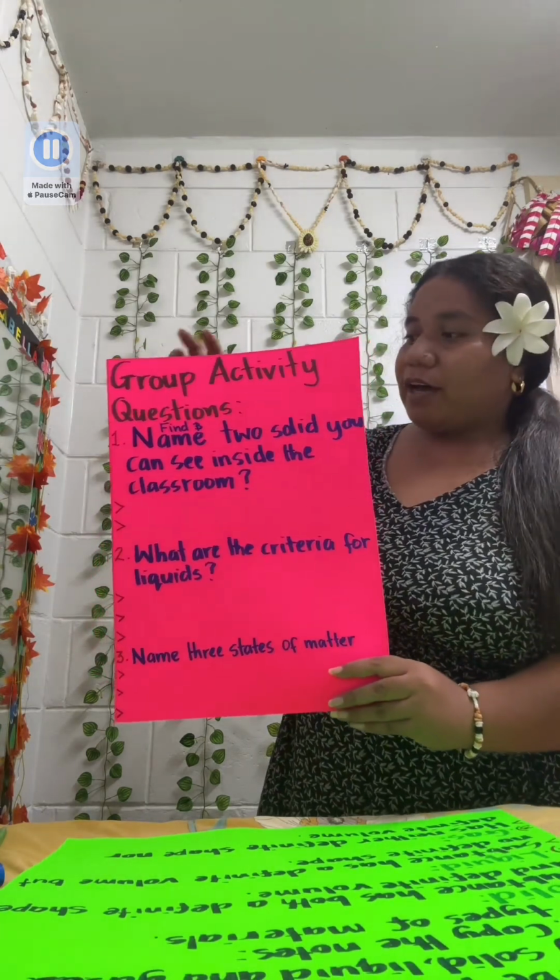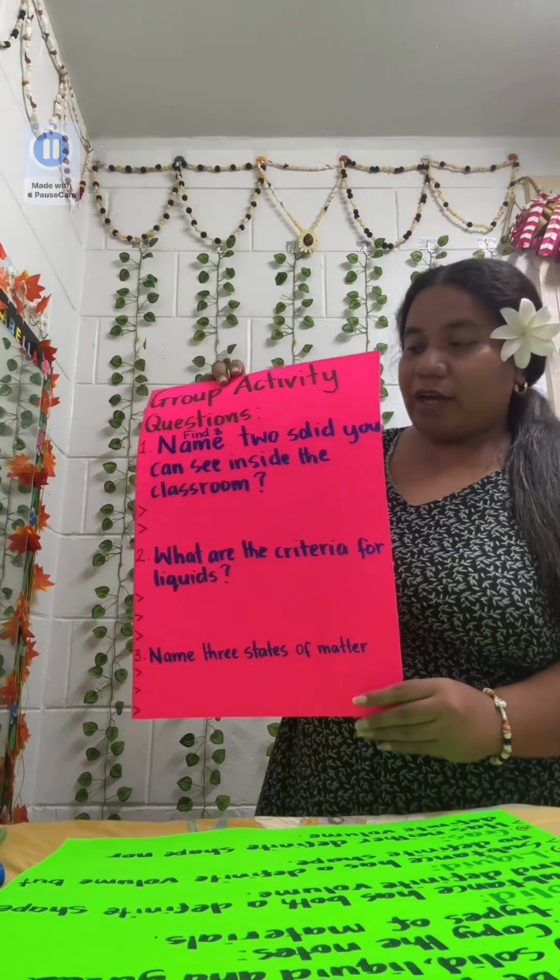You can find the answers by referring to the notes given. I will split the class into 3 groups, gender balanced. Then I'll give you 5 minutes to work on this group activity. Okay class, move into your groups and start working on your activity.